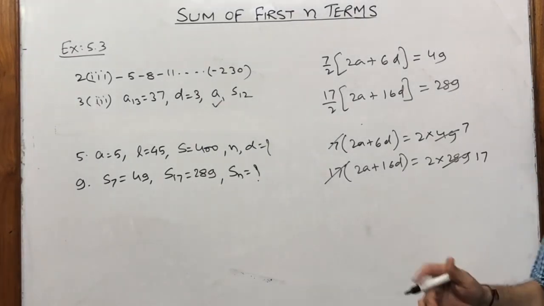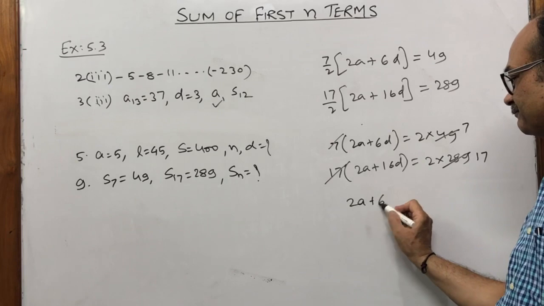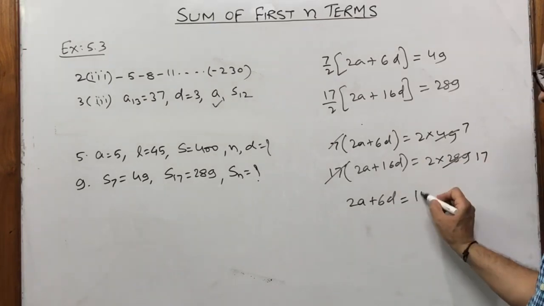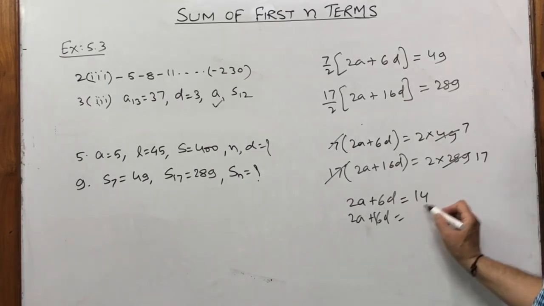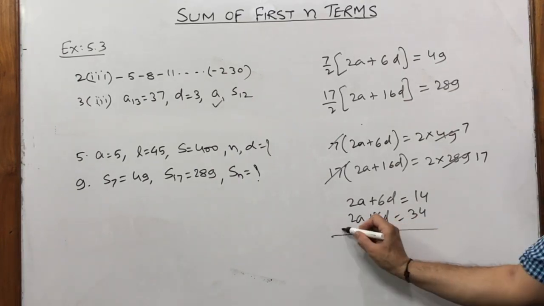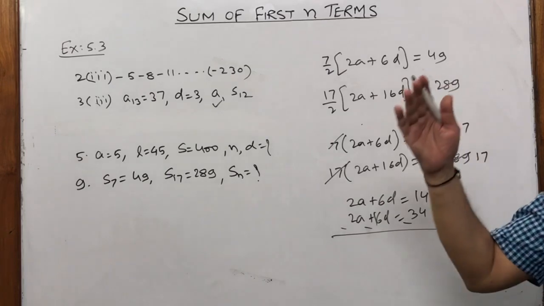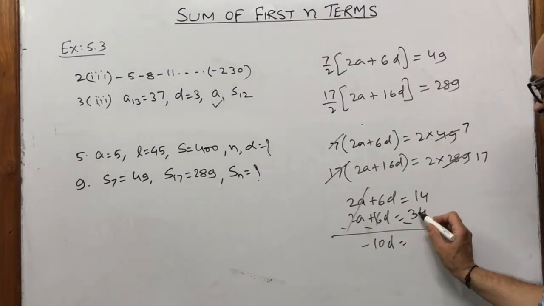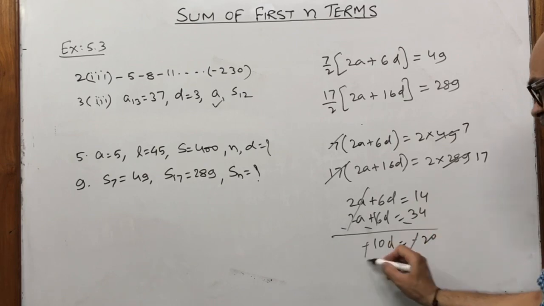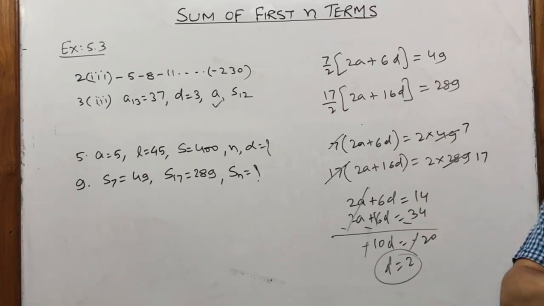Now easy. 2a plus 6d is nothing but 14, and 2a plus 16d is nothing but 34. Linear equations, you know very well, mastery is method. 2a cancels out, minus 10d equals minus 20. So d is nothing but 2.